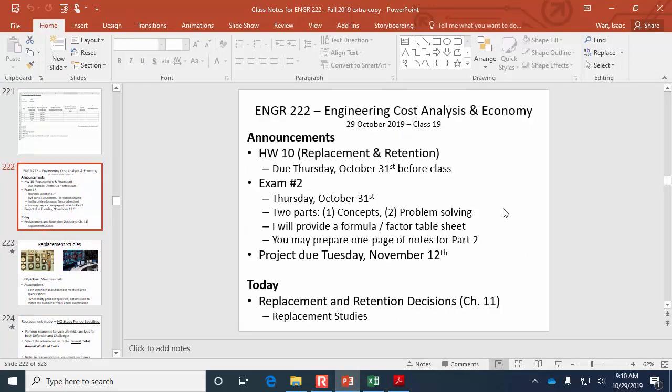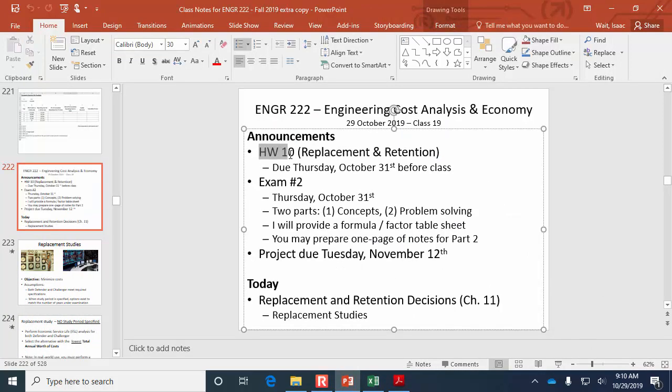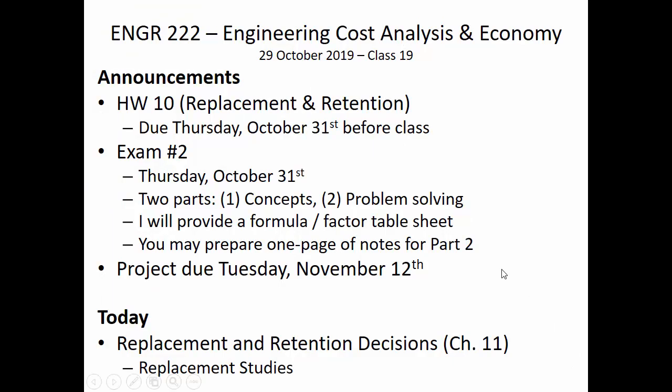I just wanted to let you know that if homework 10 isn't already on MU Online, I'm going to double check on that immediately after class. Just be aware, it's only going to be a single problem. So this homework assignment is one problem. So I think you're going to be able to solve that relatively quickly in preparation for the exam that you have on Thursday. I didn't want to overload you too much with a huge homework assignment.